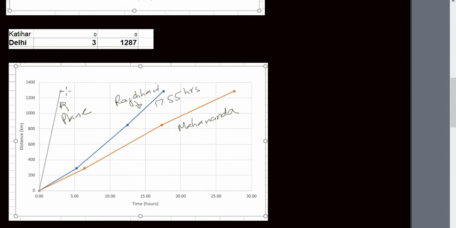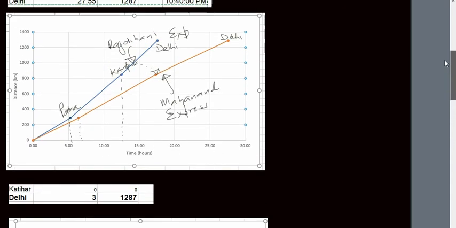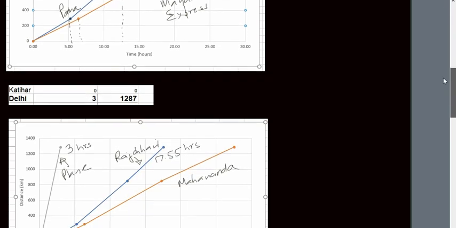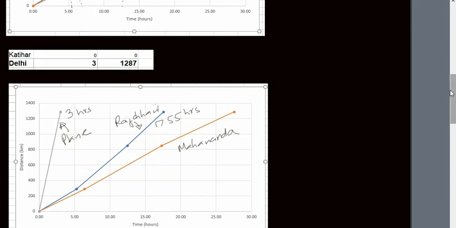The plane took 3 hours. And Mahananda took 27.55 hours.